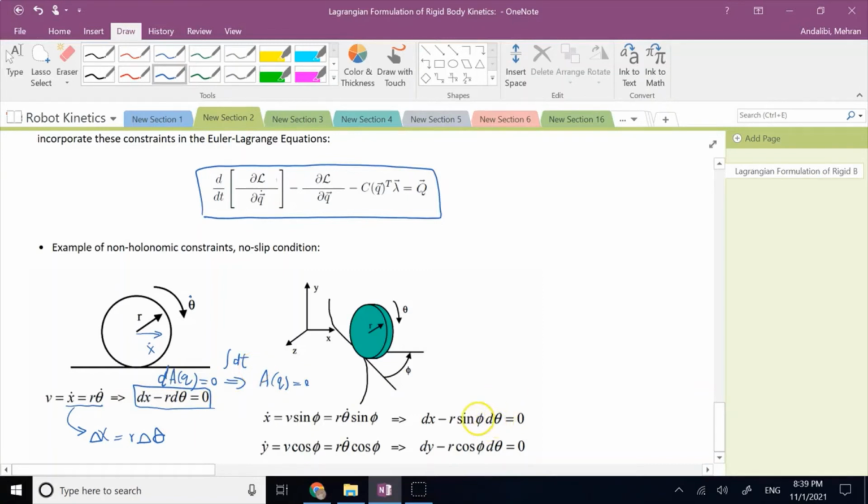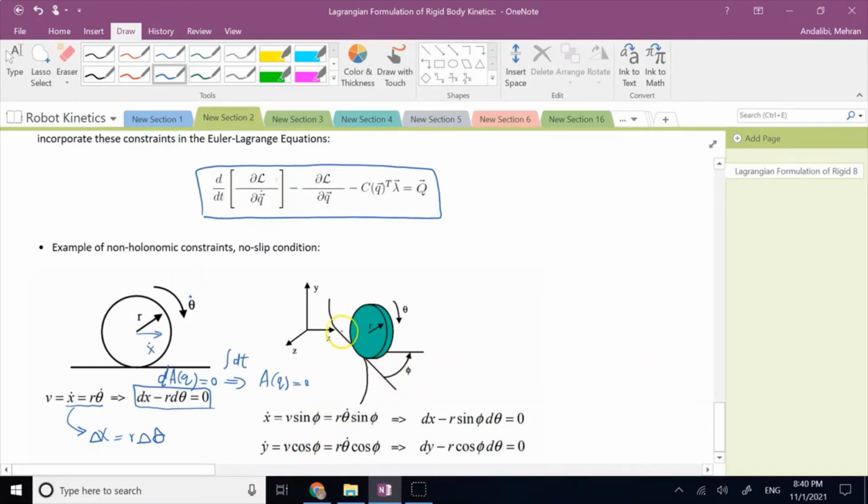And this shows itself more when it is basically two-dimensional slipping. So your disk rolls down on a plane, let's say xz plane in this case, and then you have two of these non-slipping conditions, or you have one that you can basically write along x and y.